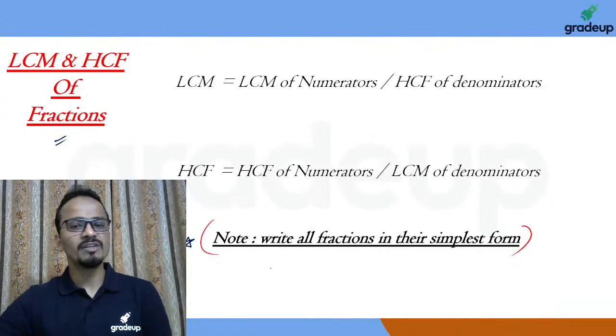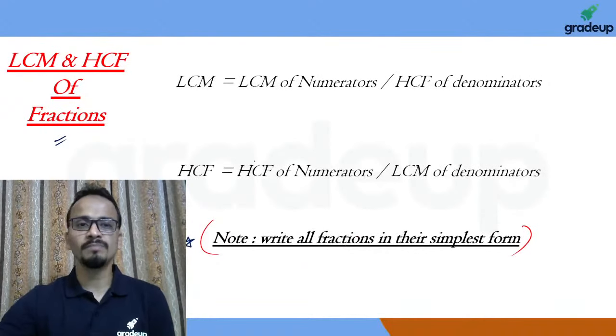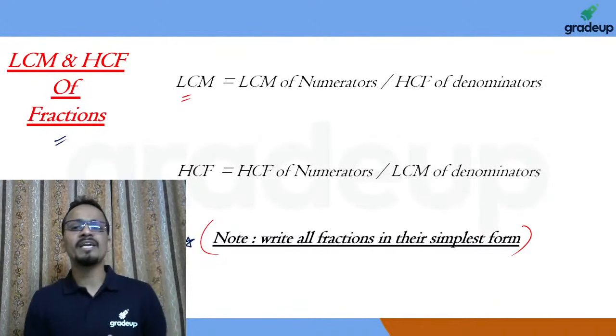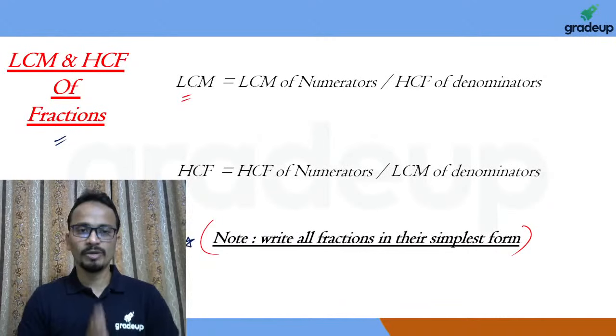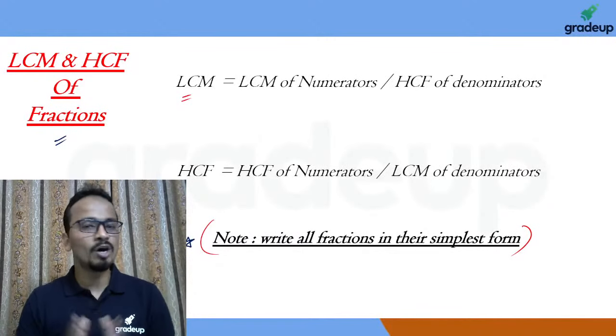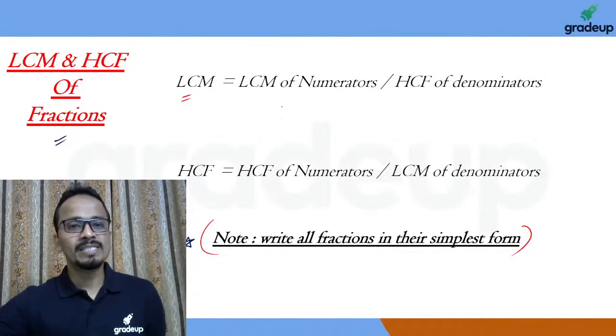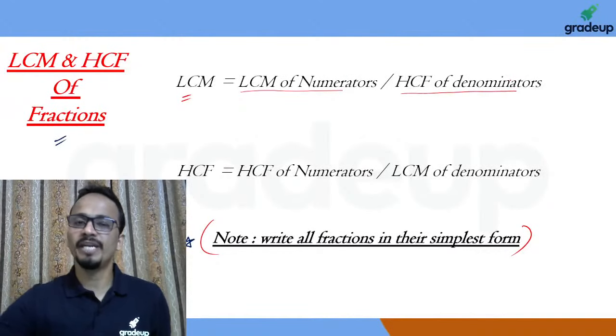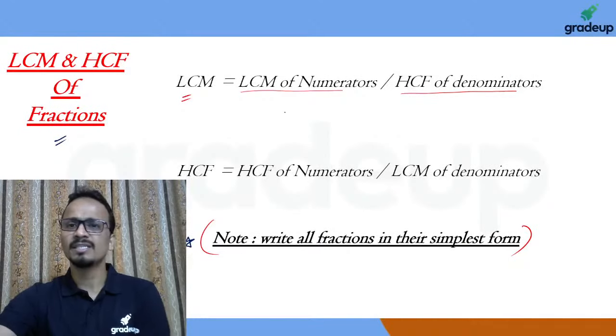Now, after writing all the fractions in their simplest form, when we are calculating LCM, just consider the numerators and denominators separately. To calculate LCM of fractions, we'll separately calculate the LCM of numerators and divide it by the HCF of denominators. So LCM of fractions is LCM of numerators divided by HCF of denominators.